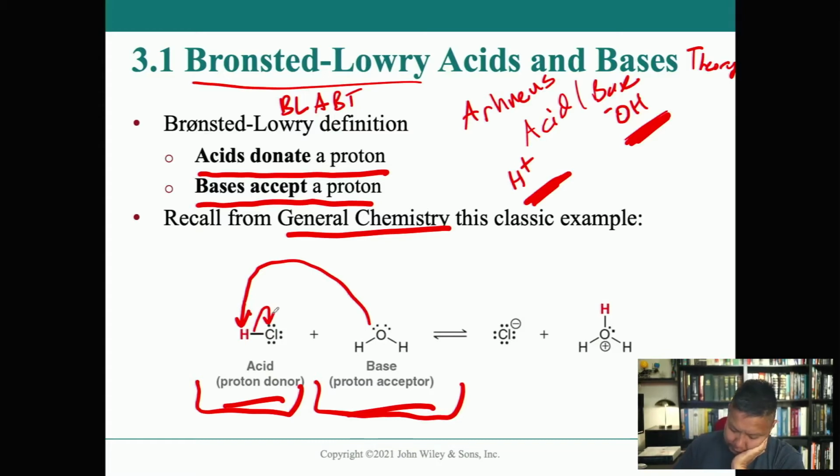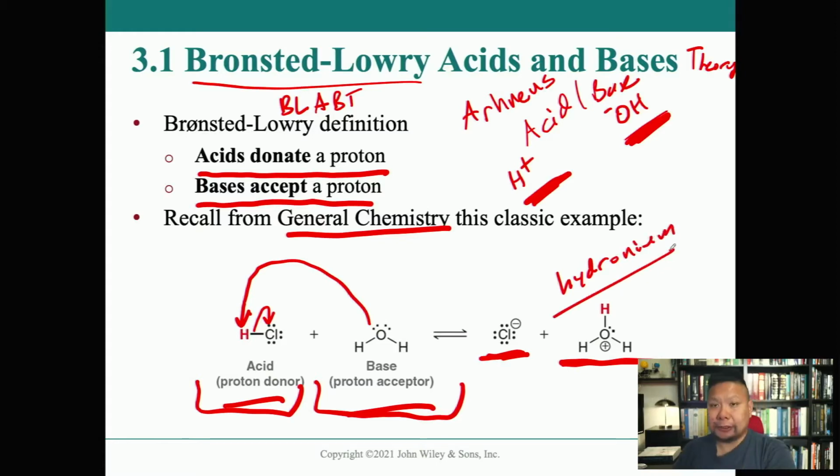That's why chloride now has a negative charge, and we have this here, which is a positively charged oxygen with three protons around it, and we call that a hydronium. That's the hydronium ion, right? You're going to see a lot of hydronium ions in the upcoming lectures, and in today's lecture too.